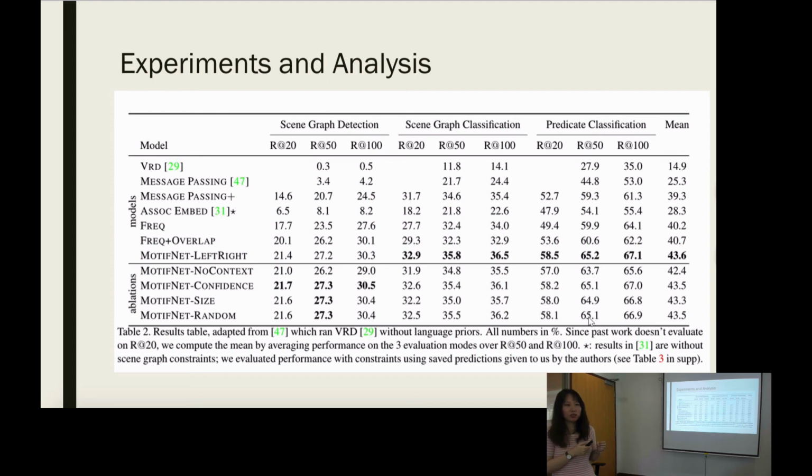At least you need to have the bounding box correct, then we go to the next stage, predicting whether the object is correct. But there's no predicate. I think they take some average of all the box and relation together.